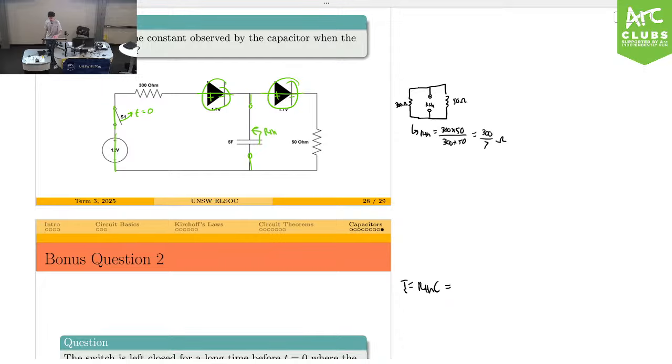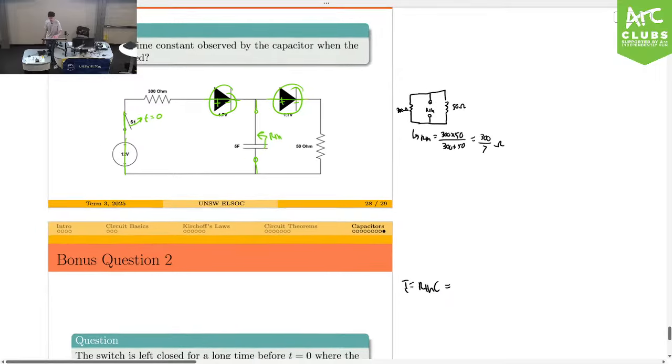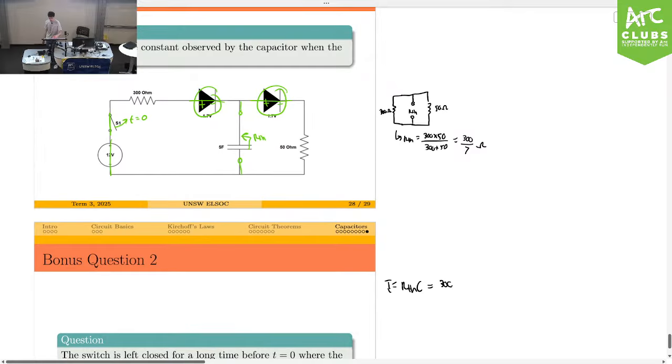A couple nanofarads or a couple microfarads. So 5 is really, really big. If I did the calculation, this is 300 on 7 times 5, which is 1500 on 7, which is a bit over 200. We'll call it 200.